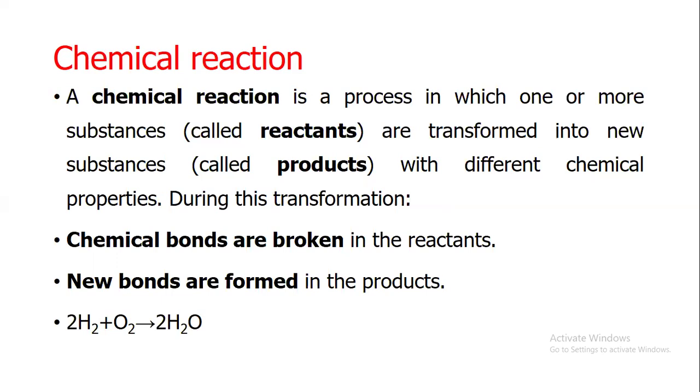For example, in the formation of water from hydrogen and oxygen, the bonds between the hydrogen atoms in the hydrogen molecule and the oxygen atoms in the oxygen molecule are broken, and the bonds between hydrogen and oxygen are formed in the water.